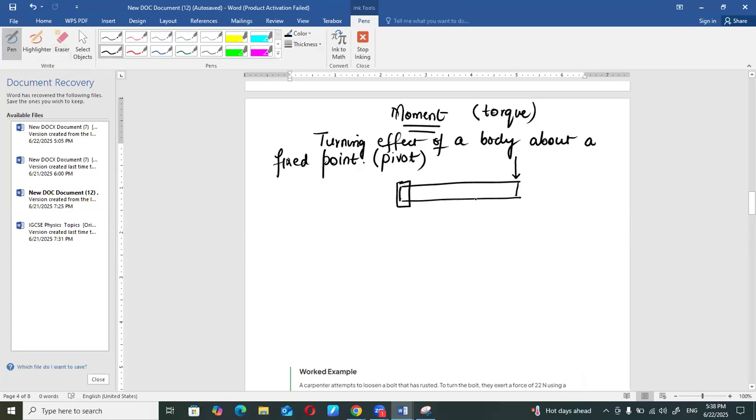And if you apply a force in an upward direction, it will try to rotate the rod in an anti-clockwise direction about that fixed point. This fixed point is called the pivot. So basically, that is what we call the turning effect, because the force you are applying tries to rotate this object about this fixed point.